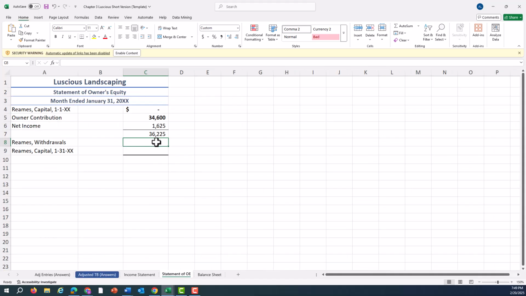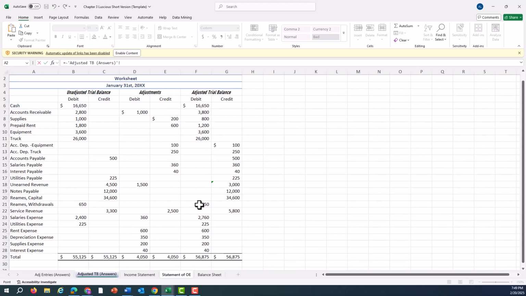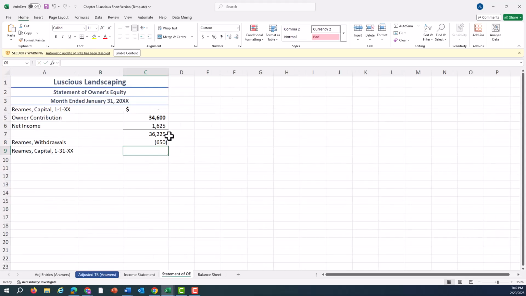Our reduction to the value of the business in this case is how much our owner withdrew from the business. And I'm going to have that as a negative because it's decreasing the business's value, its equity. Go back over here and grab that number. It was $650. So the business, had Mr. Reams reinvested every single penny of profit into the business, would have had a value of $36,225.